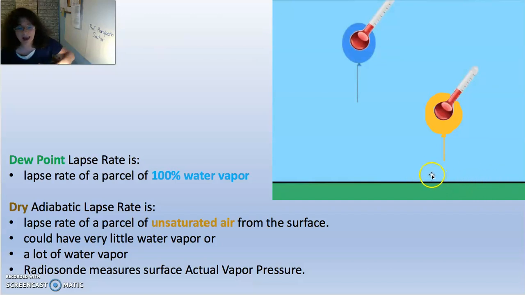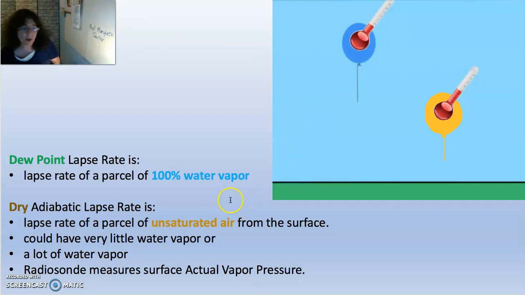Remember, fog actually moves up a few inches from the ground surface at the very lowest. So we are picking up this unsaturated air right at the ground surface in an imaginary parcel, and we are sending it up into the atmosphere to expand and cool. And we are sending our dew point parcel up into the atmosphere to expand and cool.